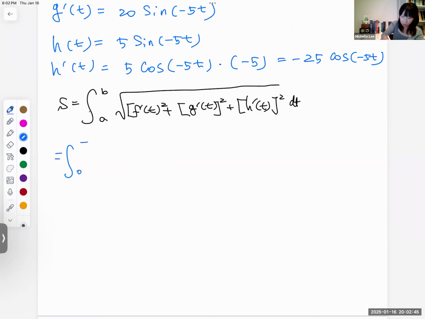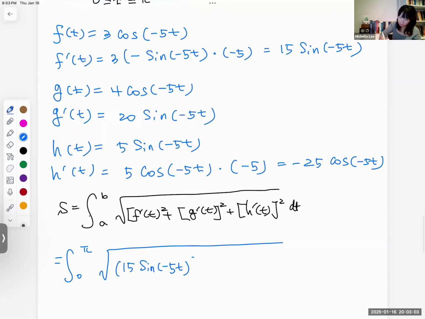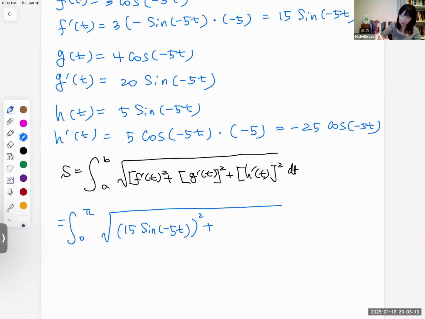There will be the integral from 0 to pi of the square root of f prime of t, 15 sine negative 5t, squared, plus g prime of t, 20 sine negative 5t, squared, plus negative 25 cosine negative 5t, and then square them.